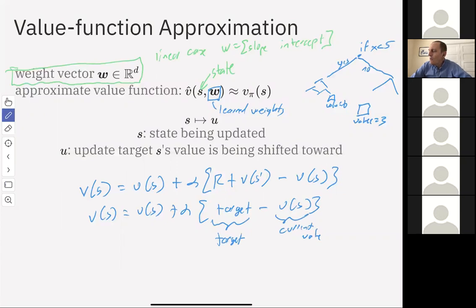So we've now got two sources of approximation error here, right? One is that we've got this bootstrapping method, so V of S has been calculated based on bootstrapping and based on samples. So we'll eventually converge to a true value, but we don't have a true value right now. The other problem is that our current value, we don't have direct access to. Our current value is actually an approximation from V hat, okay?